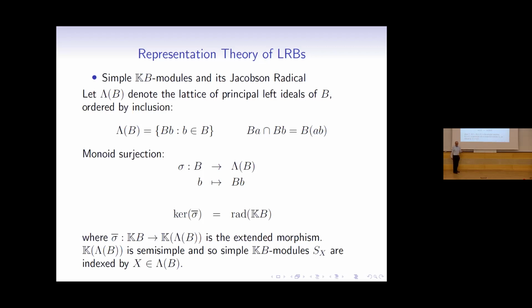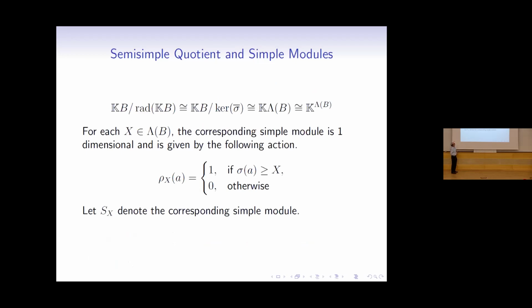So the simple modules of a left regular band algebra are indexed by a lattice, namely this lattice. You see that these two little equations which define left regular bands lead to a lot of nice information. And so we have a complete understanding of what the semisimple image is.